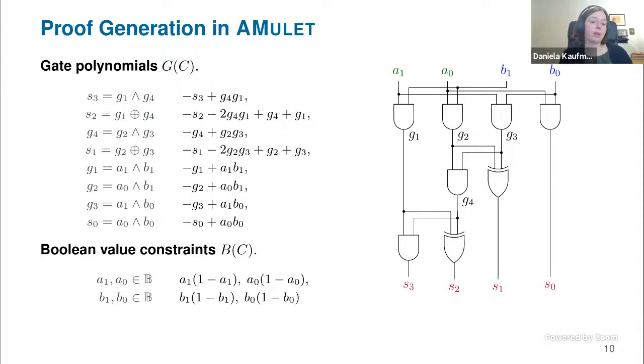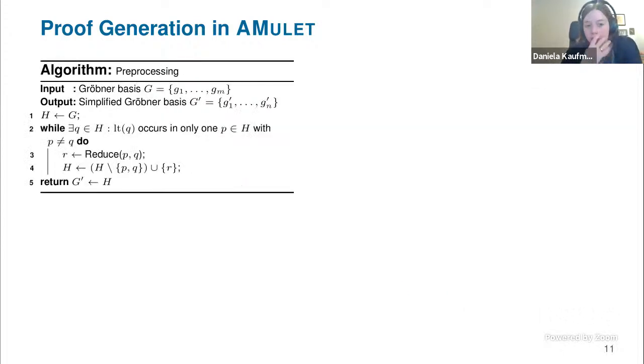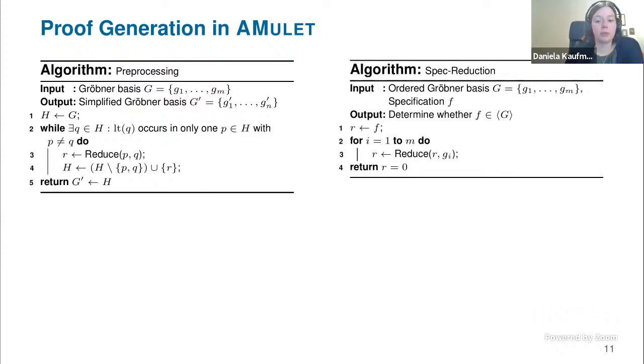So we simply print them down while modeling, and this will then act as our initial constraint set of the proof. And then for the actual proof generation, we need to distinguish whether we are in the pre-processing, so in the variable elimination step, or in the spec reduction step.